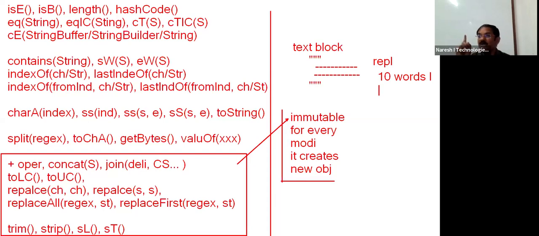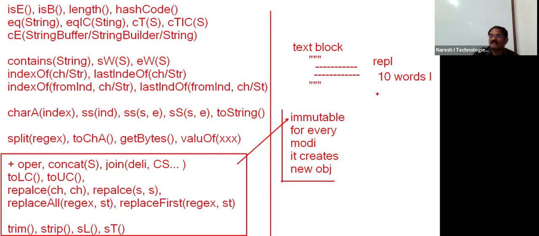For one word, you are doing almost 2 to 3 operations. In all these operations, what happened? Every modification, one new string object is created. That means for one character replacing in the given word, totally we are creating 3 to 4 new objects. Then 10 into 4, 40 objects are created. Is it okay or not okay? Performance issue or not? Now tell me.